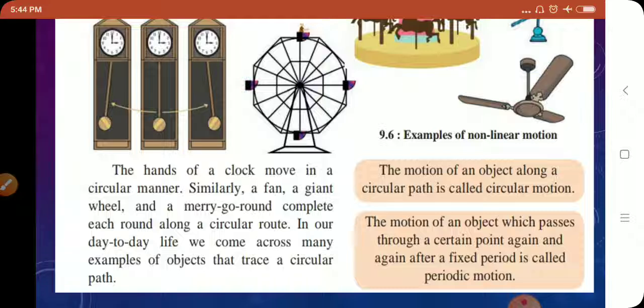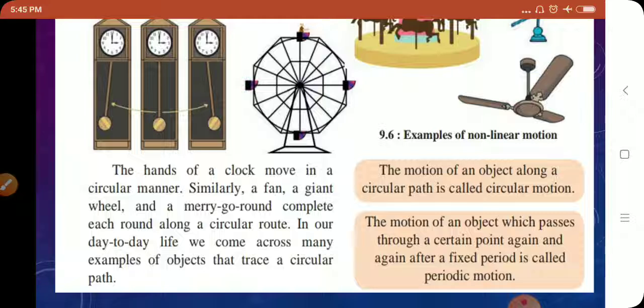The motion of an object which passes through a certain point again and again after a fixed period is called periodic motion. For example, the second hand of the clock completes one round in exactly 60 seconds, isn't it? 60 seconds means 1 minute. It takes 60 seconds to complete one round.